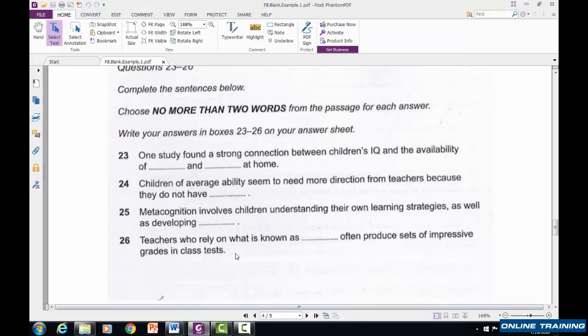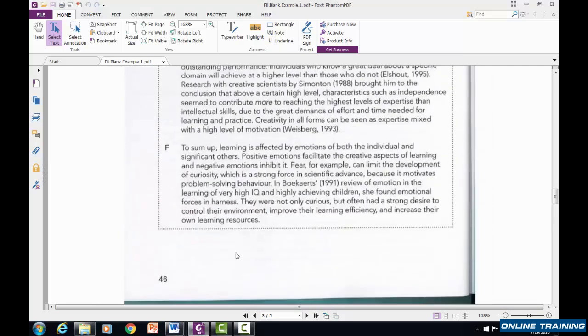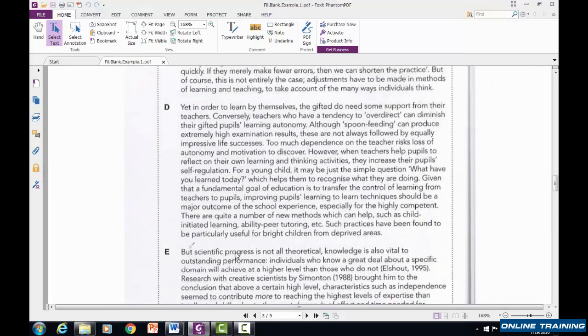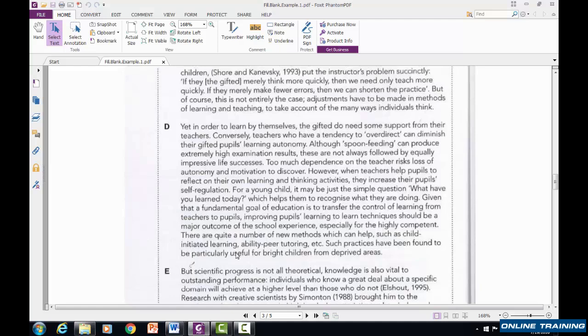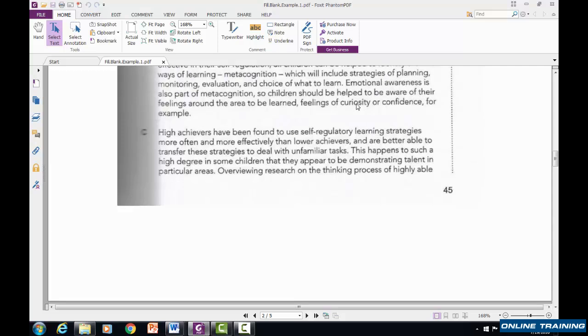All right, so let's take a look at that. Teachers, grades, class tests. I know it comes after number 25. So 25 was right here with emotional awareness. So there's nothing about teachers here.